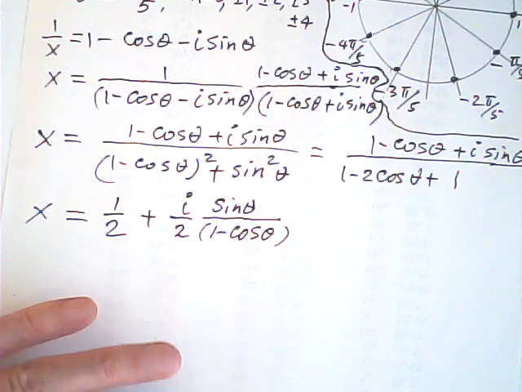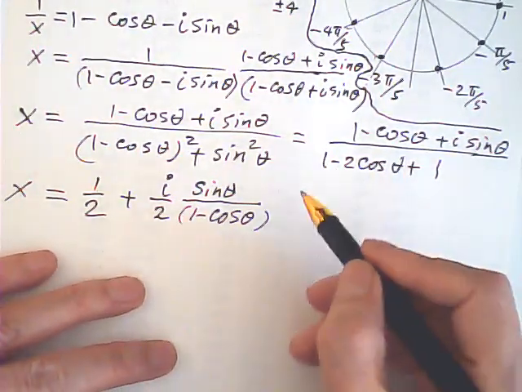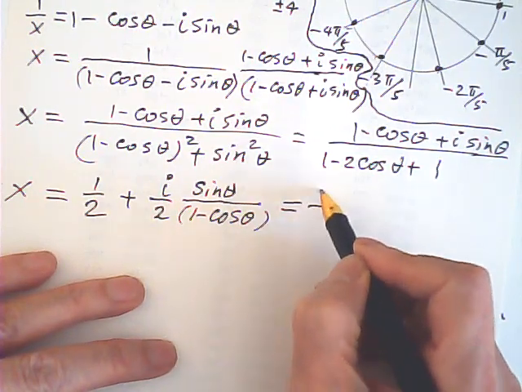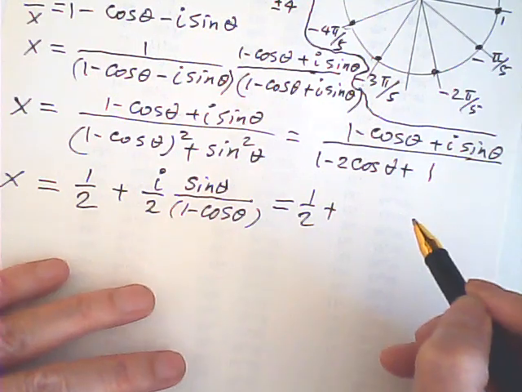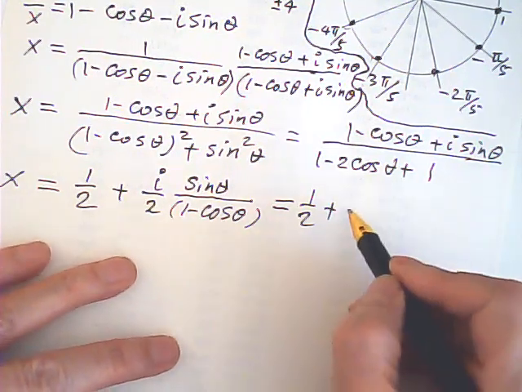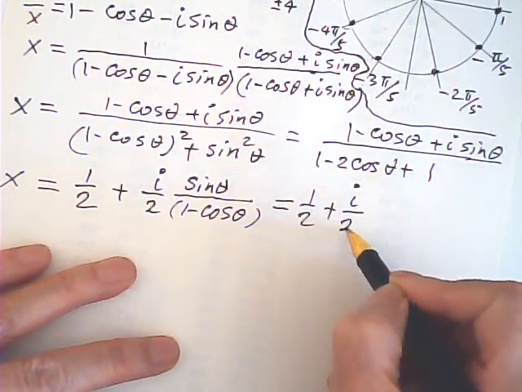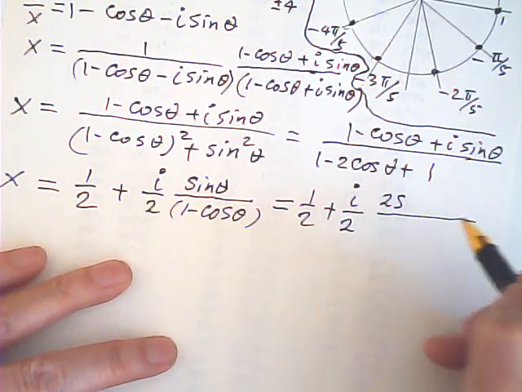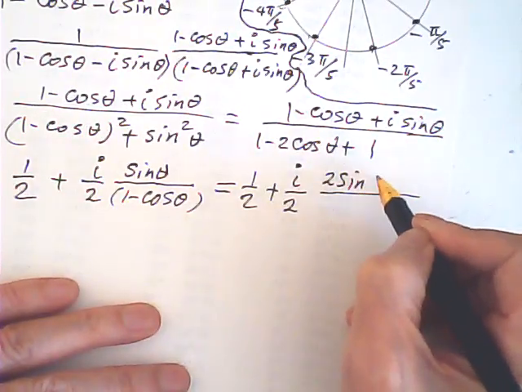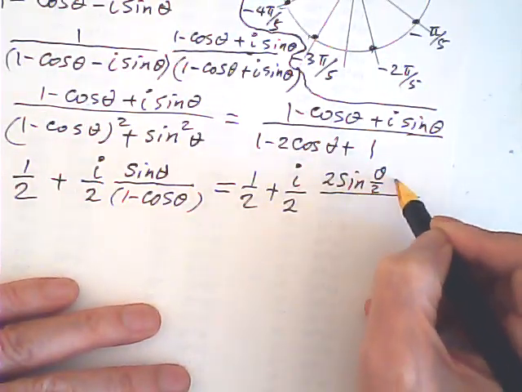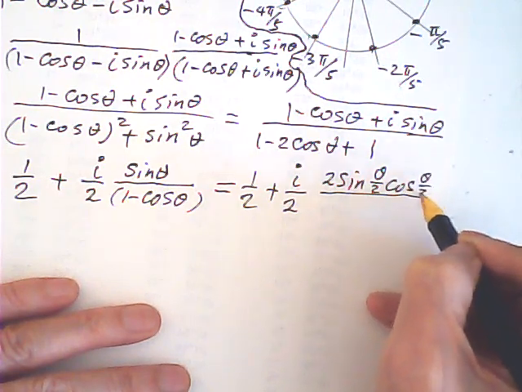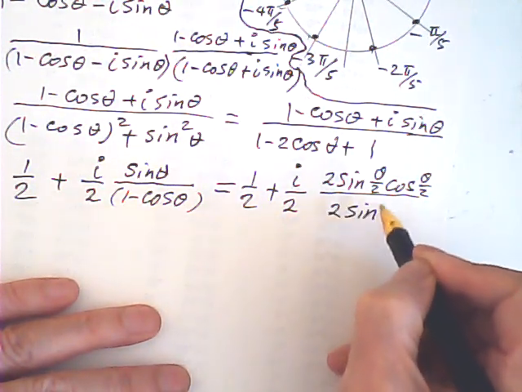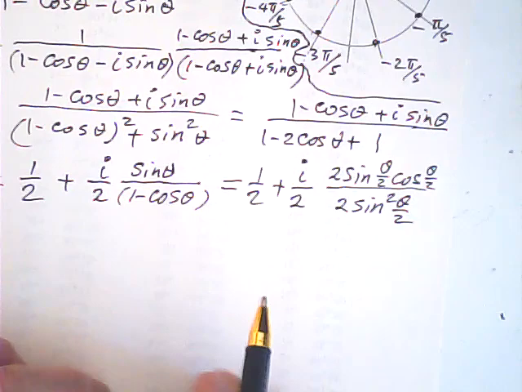This one is equal to 1/2 plus half i, and this is twice sine half theta cosine half theta, and this one is 2 sine squared half theta.